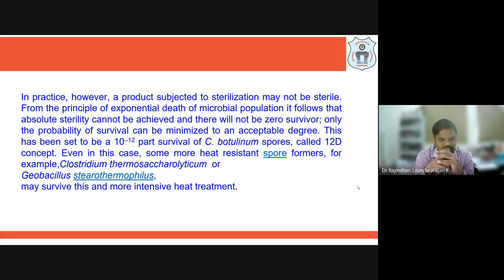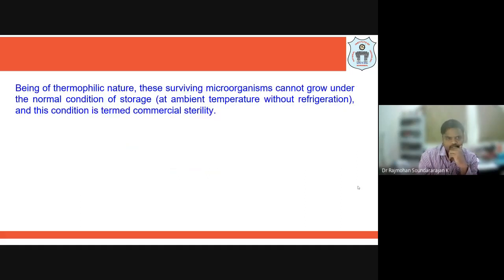They may survive at that intensive heat of 120 degrees Celsius also. So we have to ensure that such thermally resistant bacteria are not coming into our system. That is our responsibility also. Because of this thermophilic nature, these surviving microorganisms cannot grow under the normal conditions of storage, and this condition is termed commercial sterility.